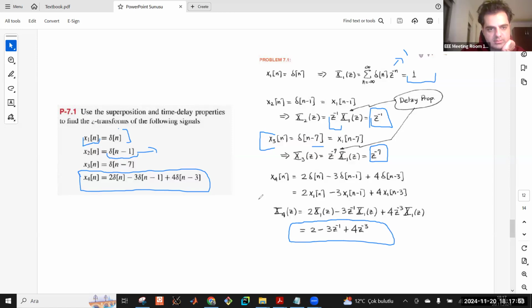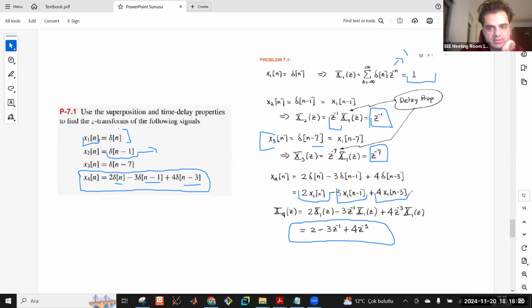Let me check it. Actually here this delay term is different. So we can use superposition for this part, and for this part we need to apply the time delay property.